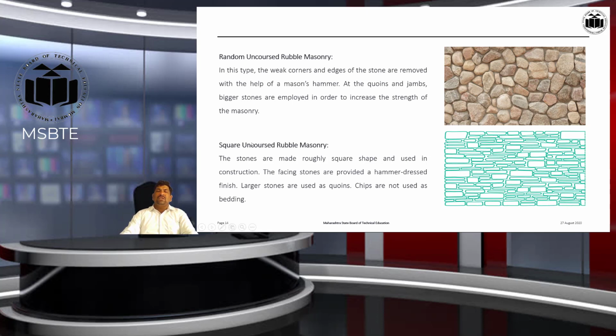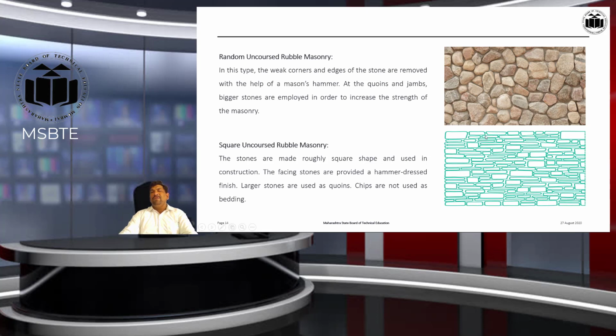The second one is square uncoursed rubble masonry. In this type, at all the edges, square shapes are maintained. So we can say that the stones are made roughly square in shape and used in construction. The facing stones are given a hammer-dressed finish. Larger stones are used as quoins, and chips are not used as bedding.